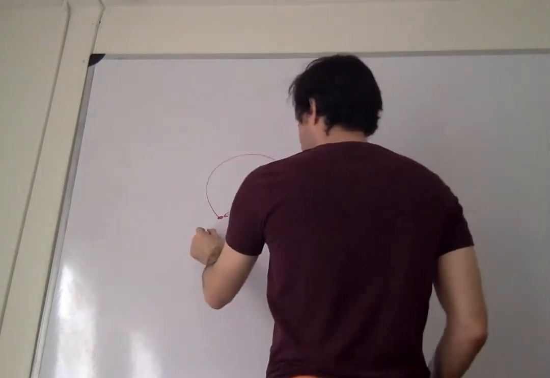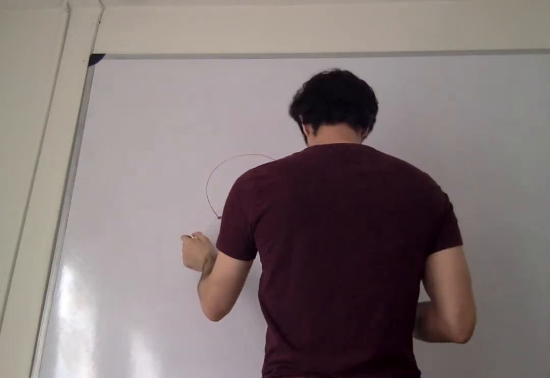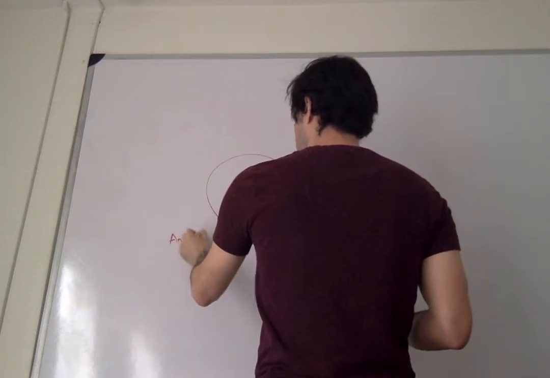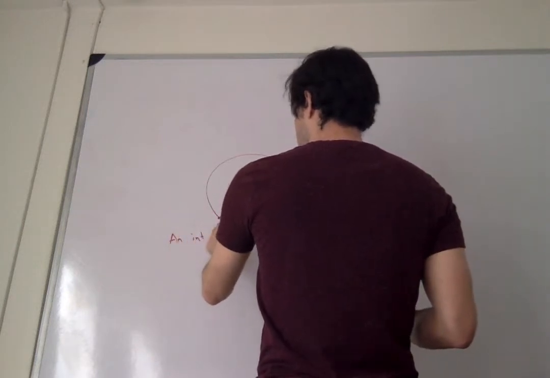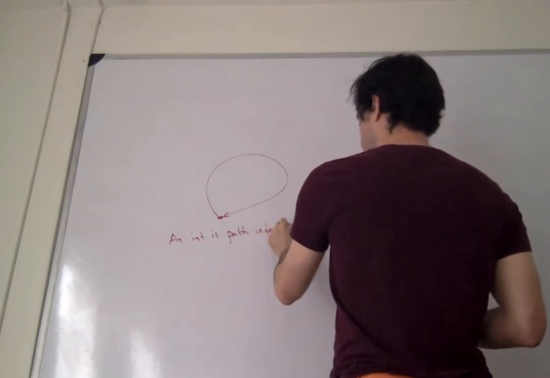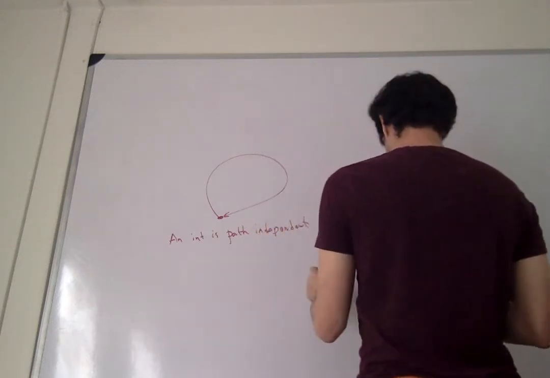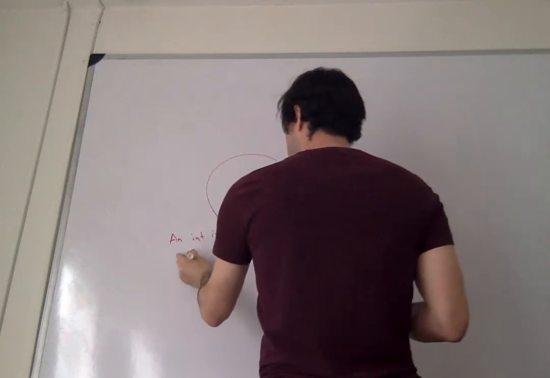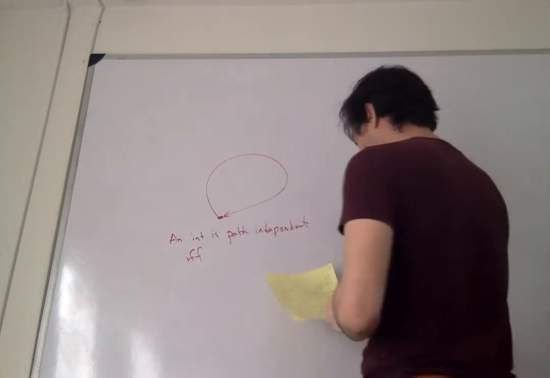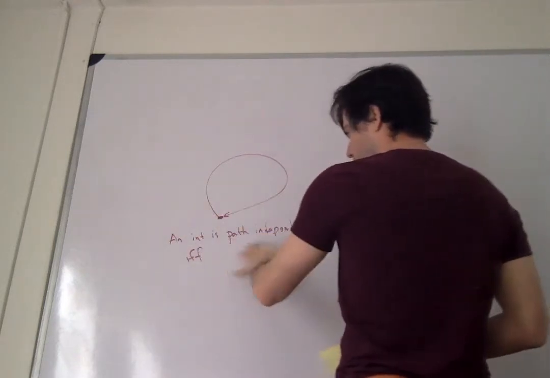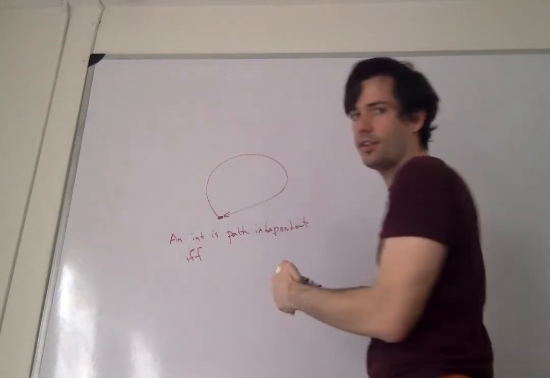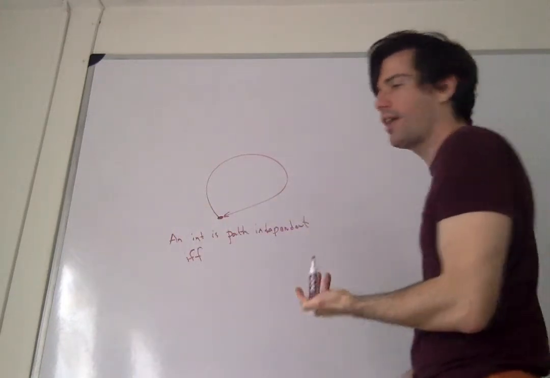And what I want to show you is that an integral is path independent if and only if, that means that the implication goes both ways. So if this is true, the result follows. If the thing I'm about to write is true, then the left-hand side is also true, it's also path independent.